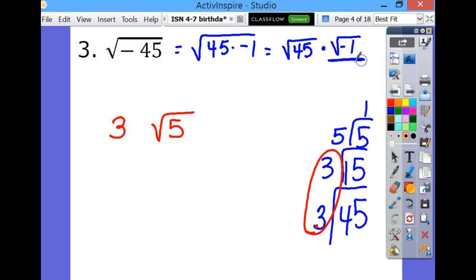And this is equal to I. And that's the order we usually write our answer in: the whole number if there's a pair, and then the I, and then the radical with the leftover numbers. So the only difference in what we were doing the other day is if there's a negative sign under the radical, there'll be an I in the answer.